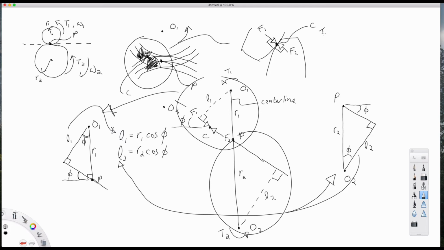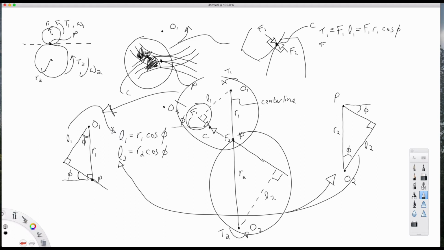We can say that the torque at gear 1 is equal to the force at the contact point F1 times the moment arm L1, or in other words, F1 R1 cosine phi.